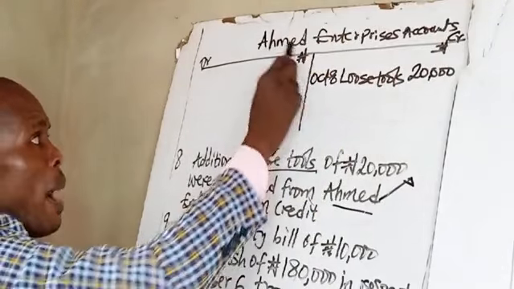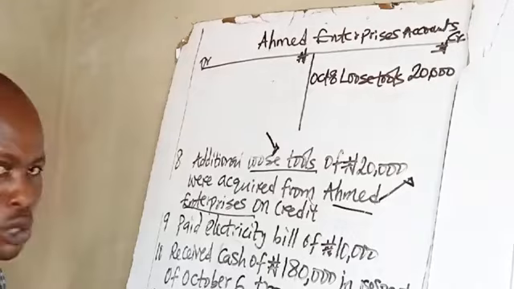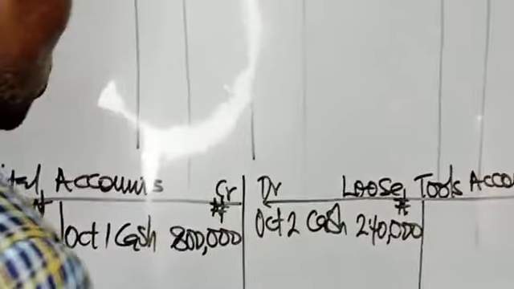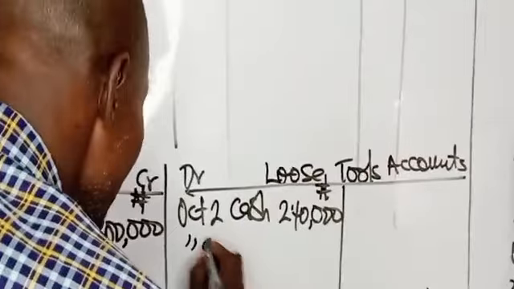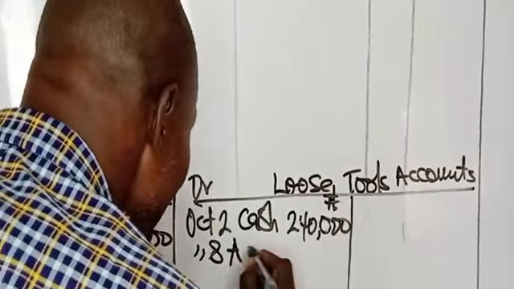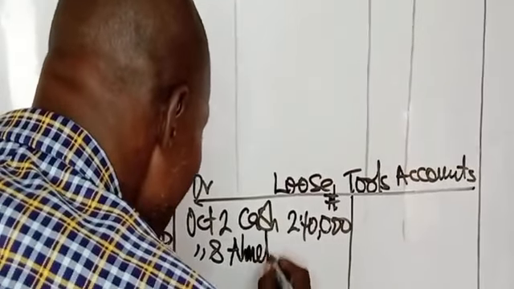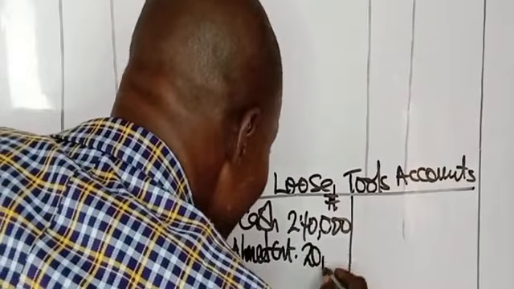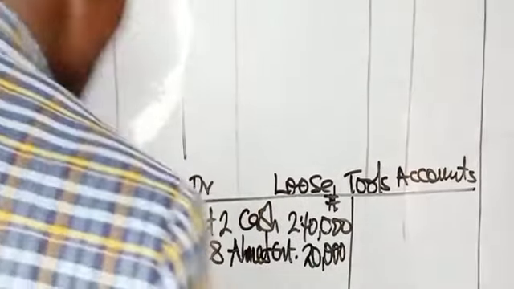Having credited Ahmed Enterprises, we debit loose tools account. So this is the loose tools account. October 8th, we have Ahmed Enterprises. The amount involved is 20,000 naira.